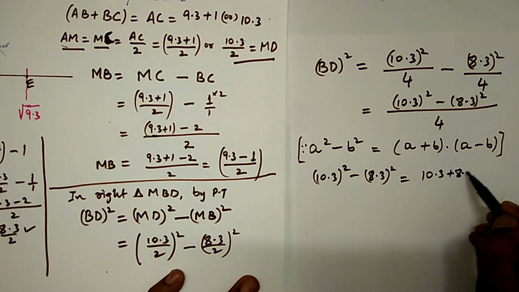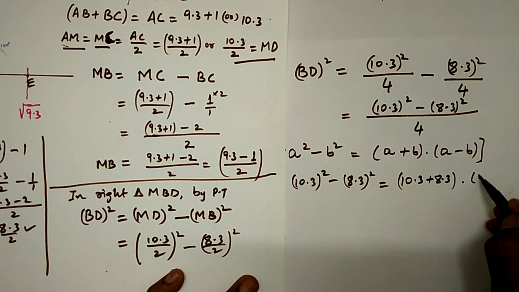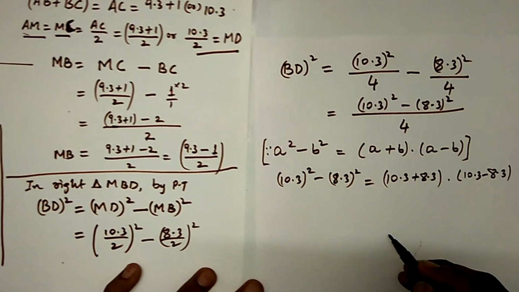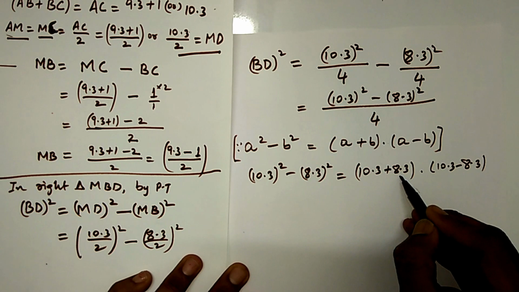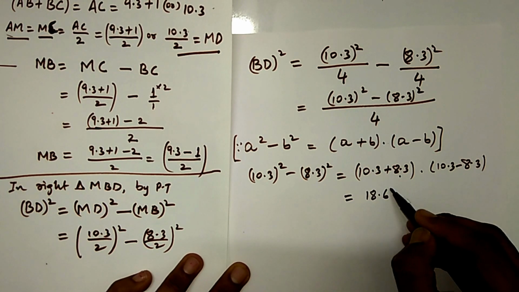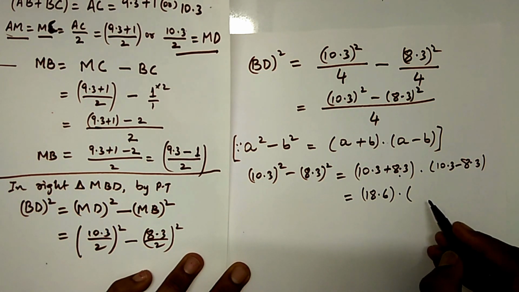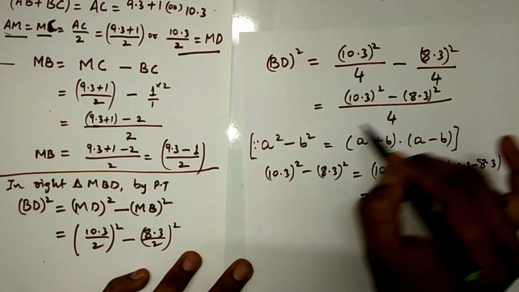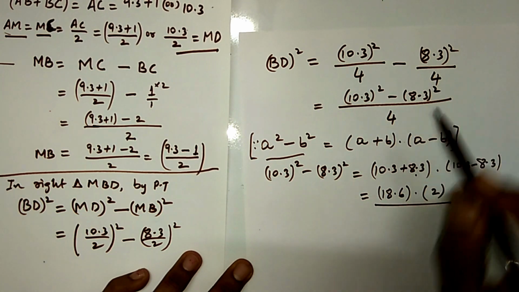10.3 added to 8.3, into 10.3 minus 8.3. See, what is the sum of this 10.3 and 8.3? It is 18.6, into 10.3 minus 8.3, which is 2. We got from this identity easily the product, being substituted here.